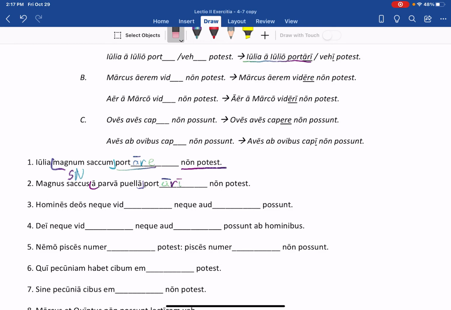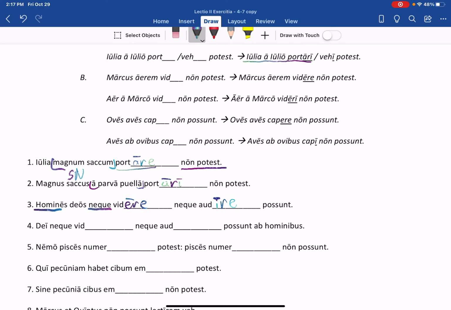Number 3, homines deos neque videre, neque audire possunt. Humans are neither able to see nor to hear the gods. Humans are neither able to see the gods, nor are they able to hear the gods.